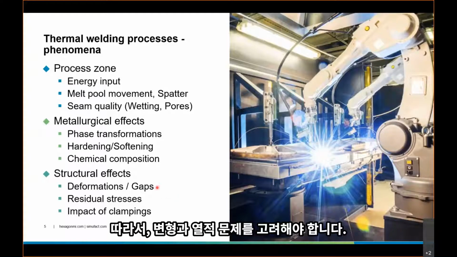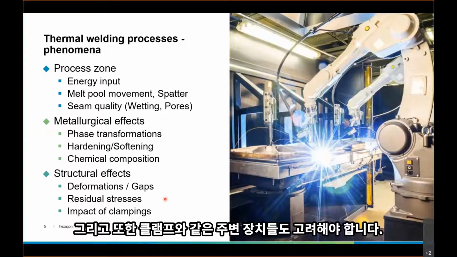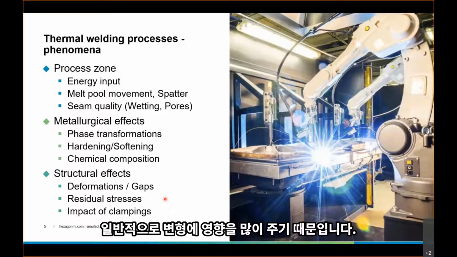So you have to consider deformations due to thermal irritation. You have to consider gaps that may open during welding, the entire complex of residual stresses, and you also have to consider all your peripheral objects like the clamping system in general, because this has also a huge impact on the final deformation.